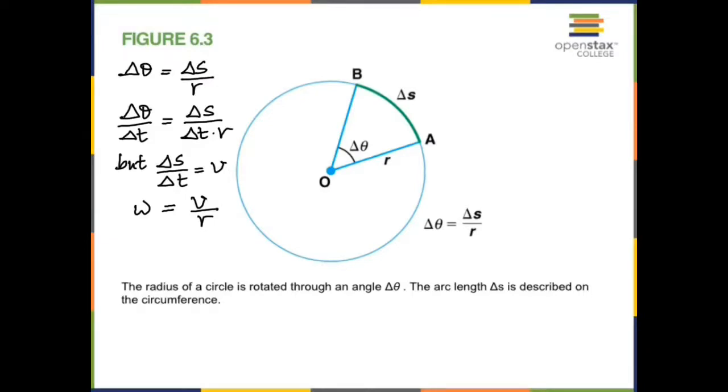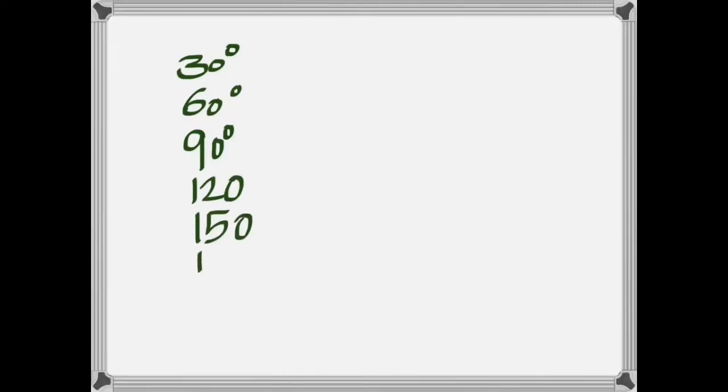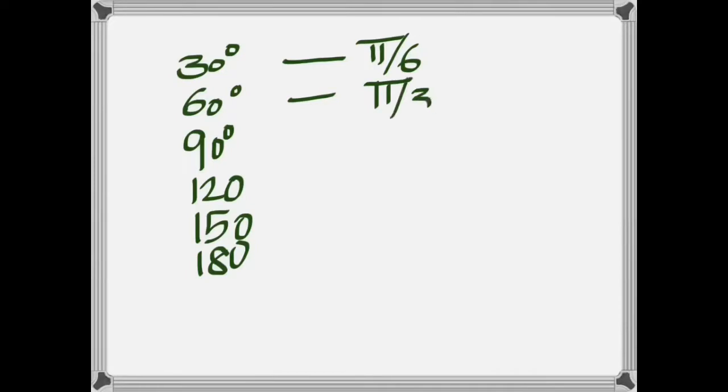Let us now look at how to convert from degrees to radians, because you might need that. Remember, 30 degrees is pi by 6 radians, and so on. But the formula that I'm going to use, I'll give at the end. So 30 is pi by 6, and 60 is pi by 3, 90 is pi by 2.